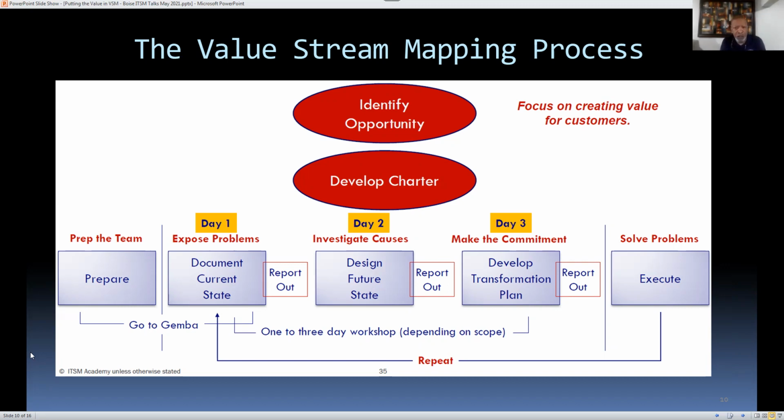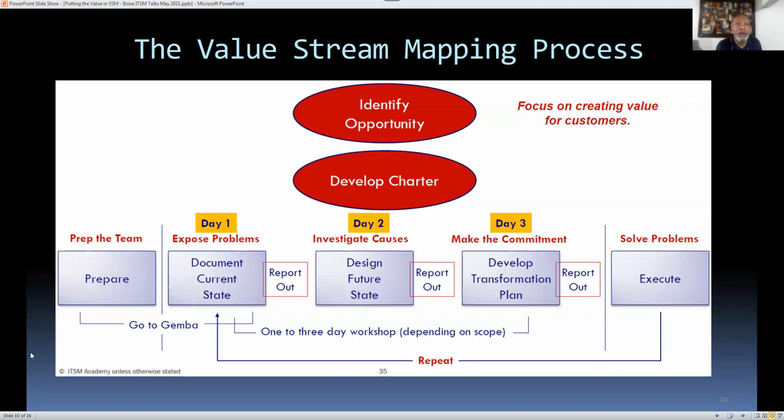The last thing you'll do is execute. Now, I don't want anybody on this call to think that once you've improved and implemented that improvement to that initial value stream, you are done. This is a journey. I want you to come back at some defined interval, again as part of governance, and look at that value stream.